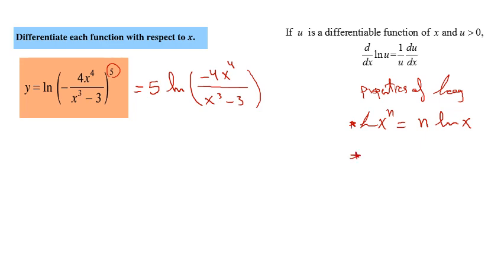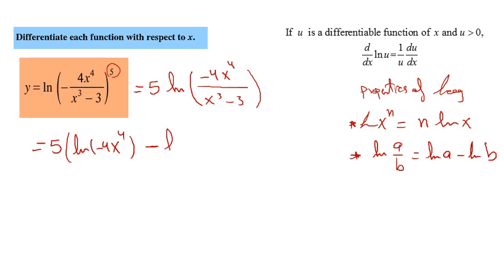Something else: I have a rule which says that ln a over b is equal to ln a minus ln b. So it's equal to 5 multiplied by ln of negative 4x to the power 4 minus ln of x power 3 minus 3. This is y.